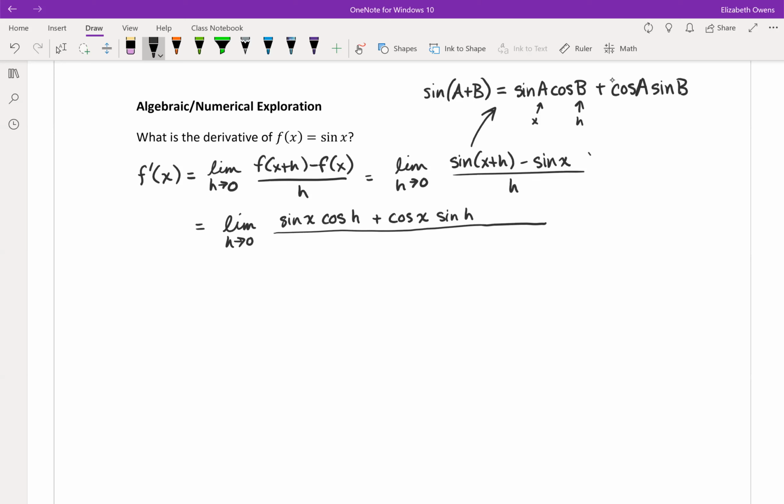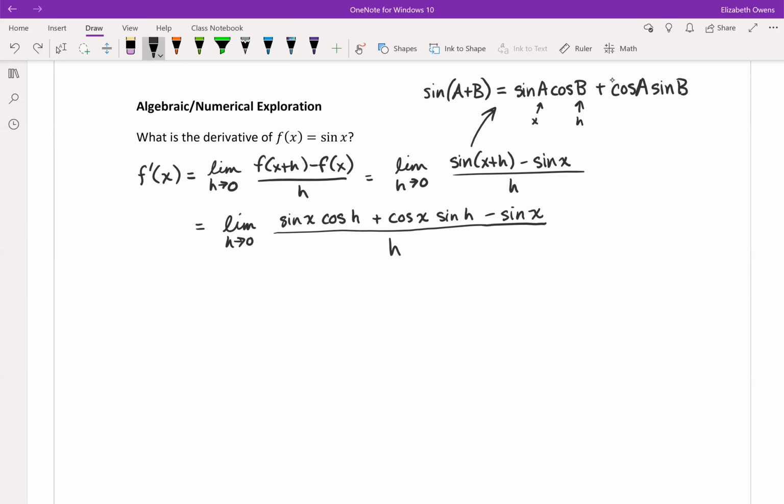Oops, almost forgot my minus sine x on the end there. Minus sine x all over h. All right. And now notice that there are a couple terms in that numerator that have a common factor. It's this term and this term. Those both contain sine x.